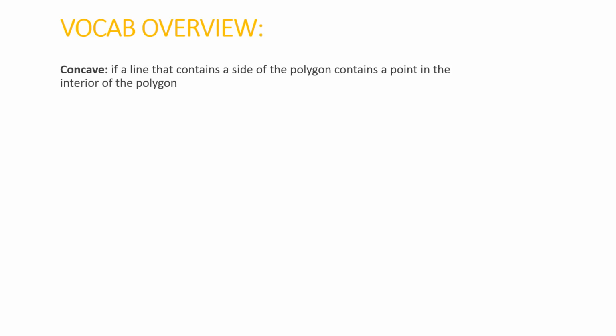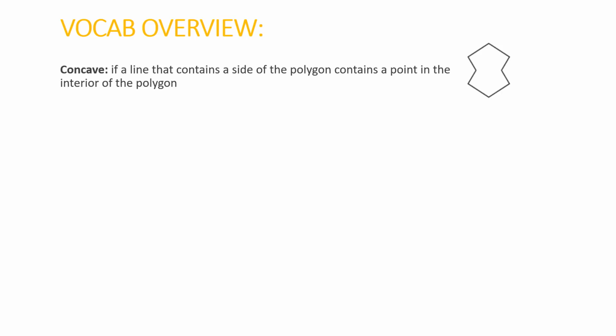Okay, before we start anything new, we always talk about vocab so that we have a basic understanding of what we're talking about when we start a new topic. So we have some vocab that you probably already know. This is probably background knowledge that you've learned before in previous math classes. A concave shape or a concave polygon.